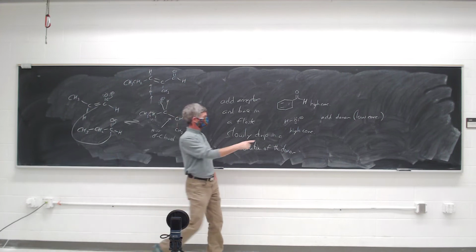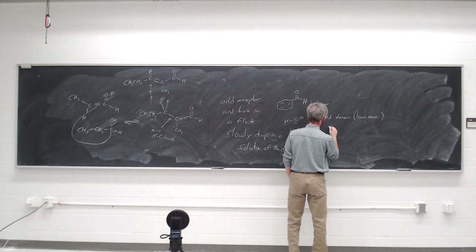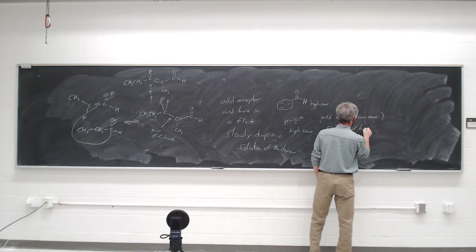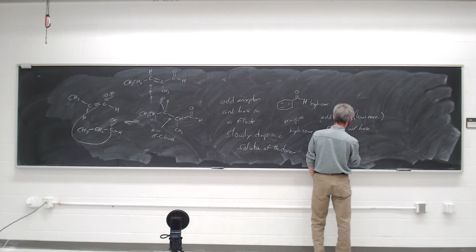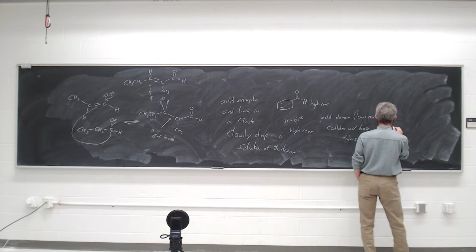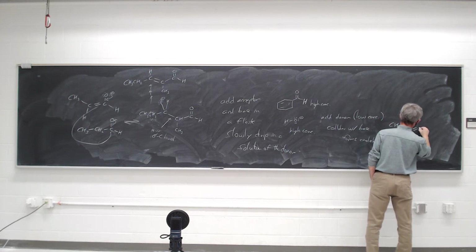It's pretty likely to run into hydroxide and forms the enolate, which in this case looks like this.